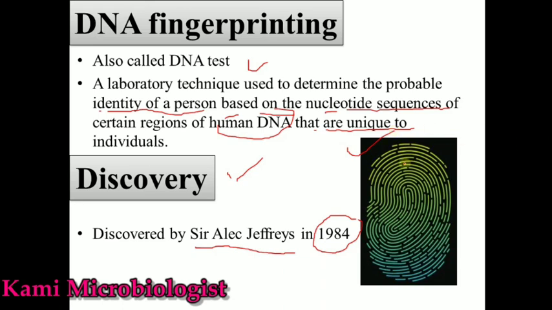Remember guys, these lines are different from person to person. We know that there are millions of people in the universe, and each of them has different bends in their fingers, meaning these lines are different from person to person. In this way we can say that one person is different from another. Through the fingerprint we can say that. So this is a little bit of introduction to DNA fingerprinting.